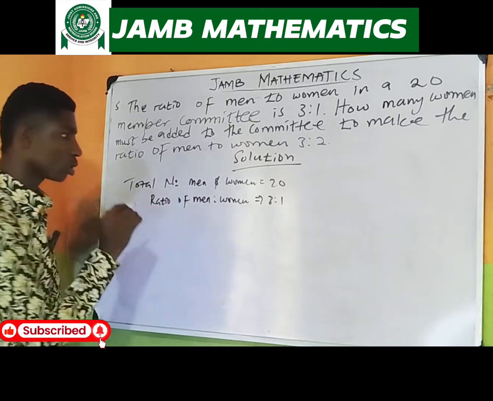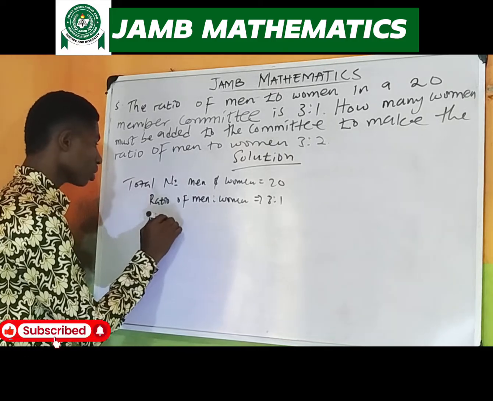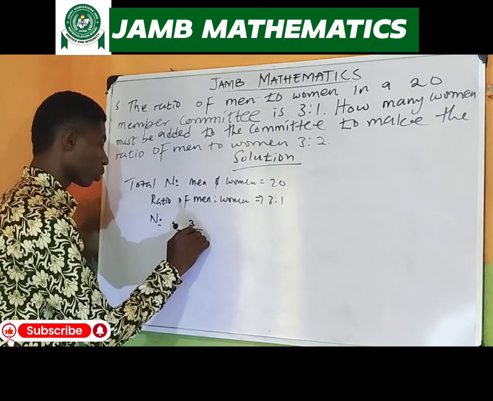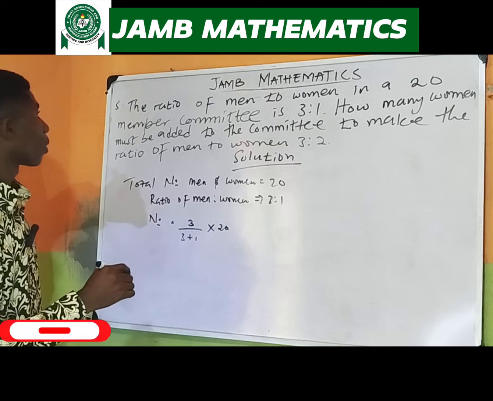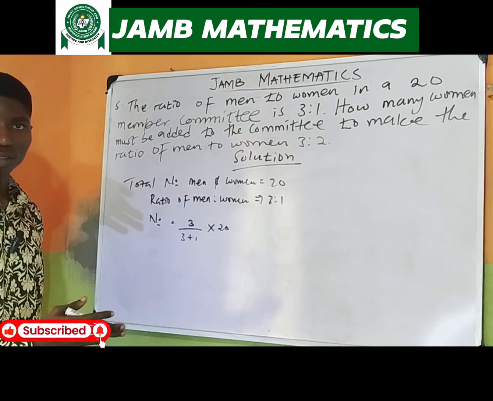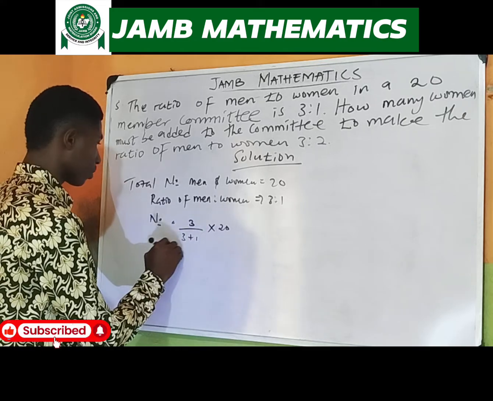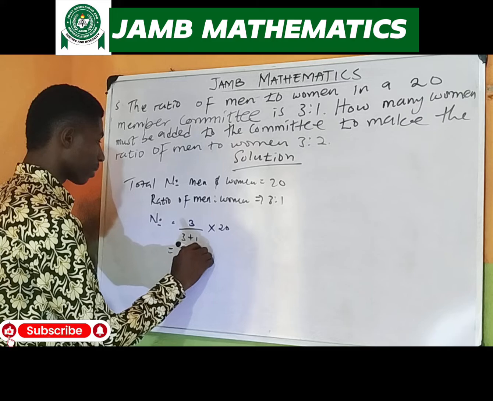So, to compute the number of men, we have 3 over the total ratio times the total number of members in the committee, that is men and women. Hence, we have 3 over 4 times 20.